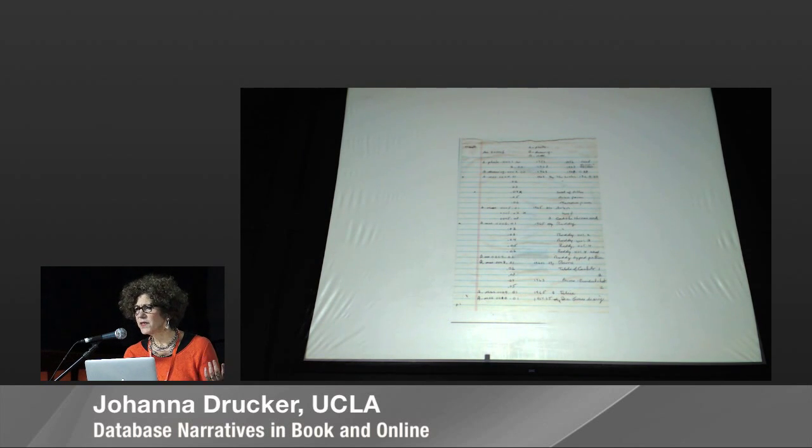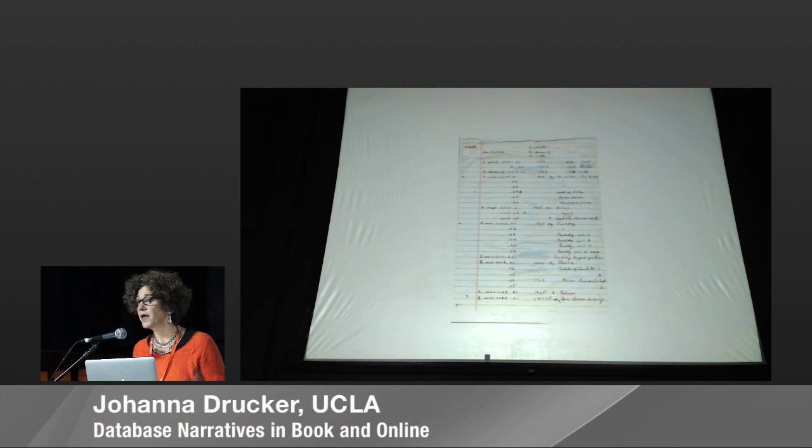What representation of them can I make in a printed book format, and what representation of them can I make online? And how can I repurpose the intellectual content that I would use in one of those environments in order to produce the other? And so that's the nature of the project.